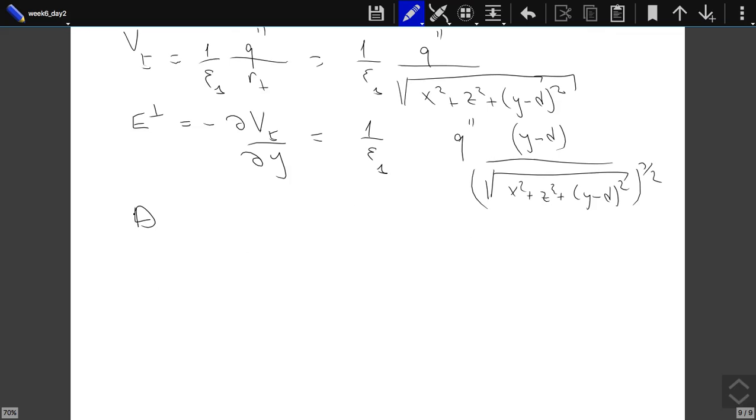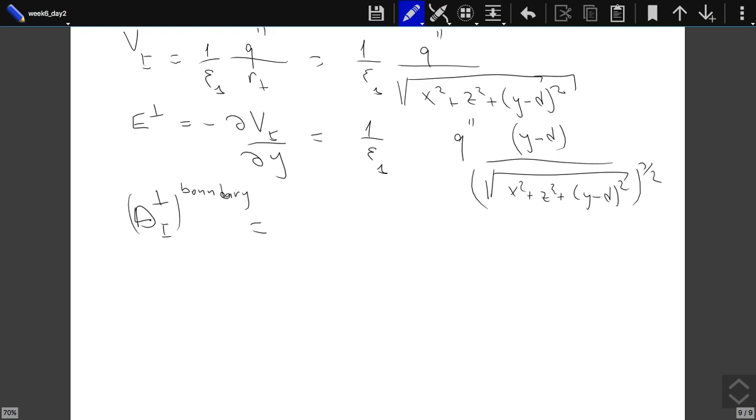And the perpendicular component in region 1 on the boundary is just y equal to 0.